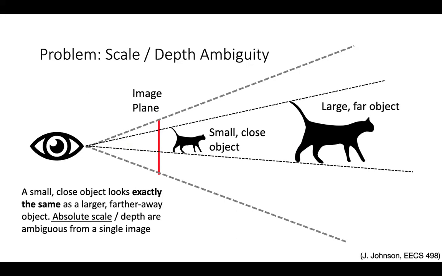That means that an image of an object can be the same if we change the scale, as the object is near or far from the camera. Like this small object that's close to the camera is going to be projected over here. And if we take this object, change the scale and put it far, but with a larger scale, it's going to project exactly the same way.